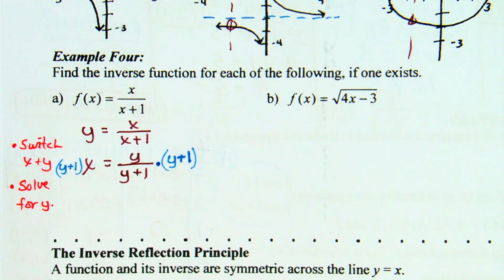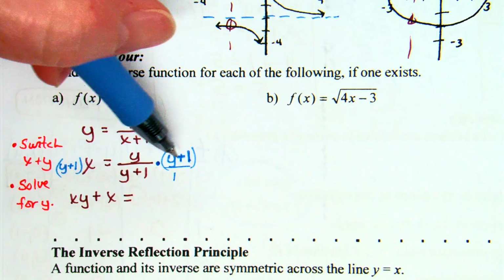Okay, can we distribute there? Yeah, x times y. He said yx. I was going to write xy just out of habit. Plus x times 1 is x. On the other side, what's it equal? The y plus 1s will cancel, and we're left with y.